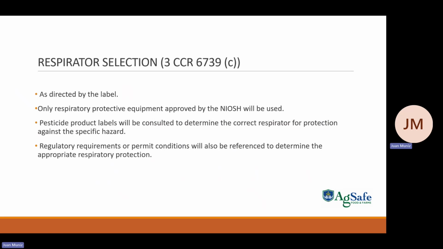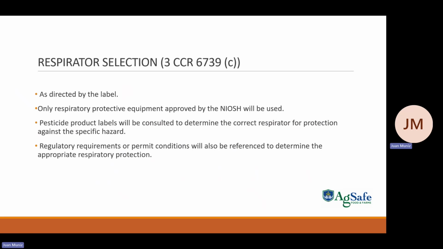Respirator selection. Title 3, California Code of Regulations, Section 6739C. We mentioned earlier that the precautionary statements section will identify and instruct us or direct us to use a specific type of respirator.